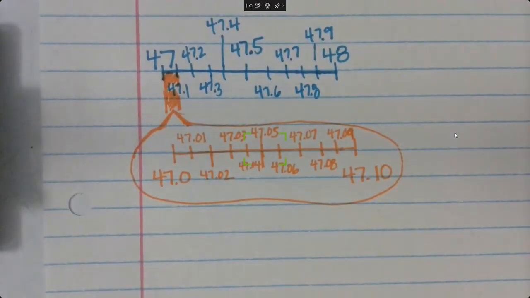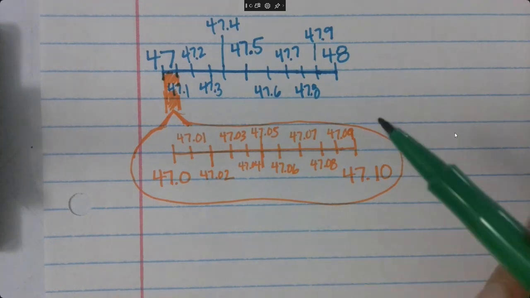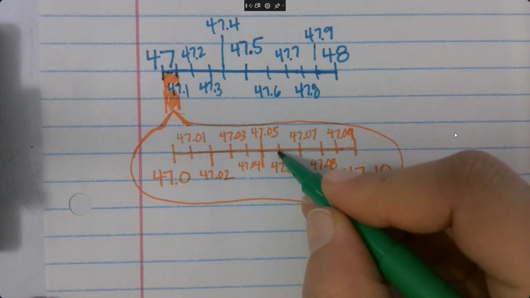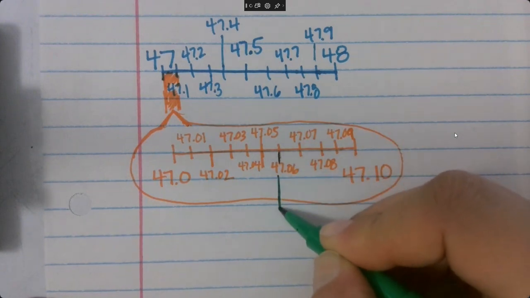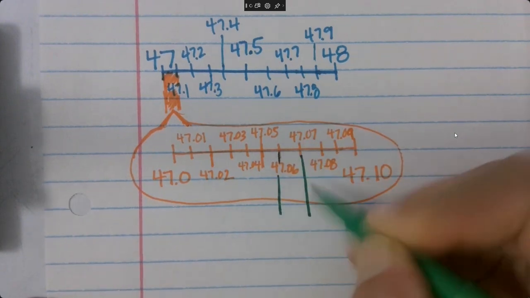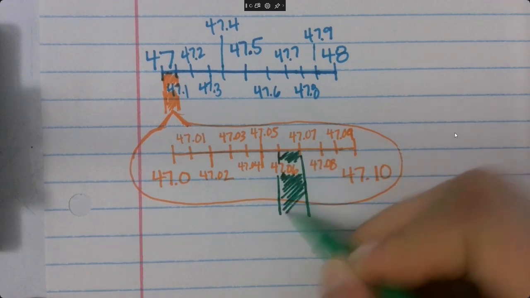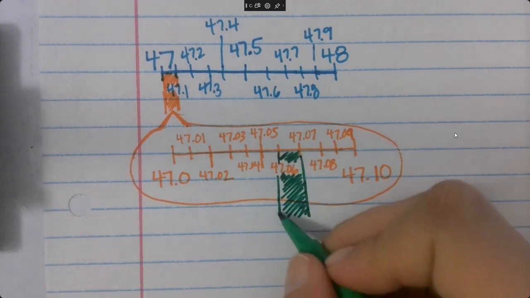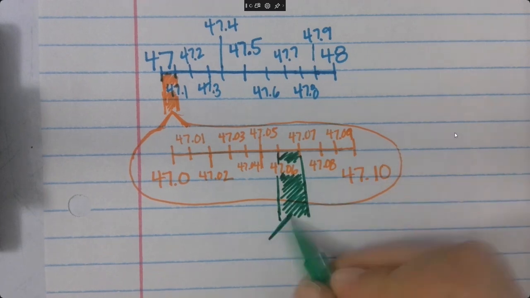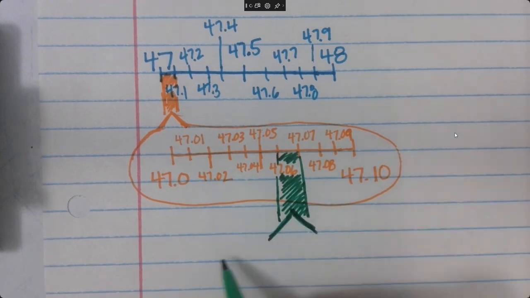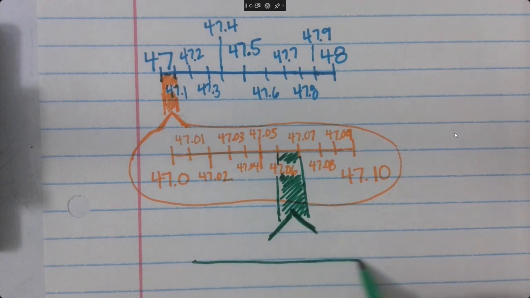Okay, and then we're going to zoom in again. Let's say we zoomed into this area. If we zoom in, here is our new number line.